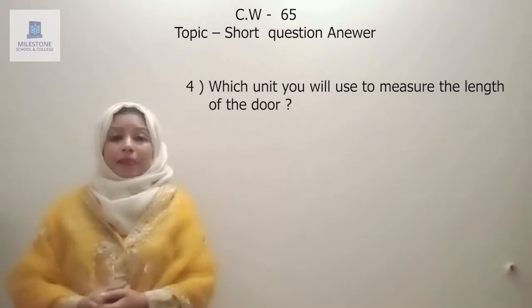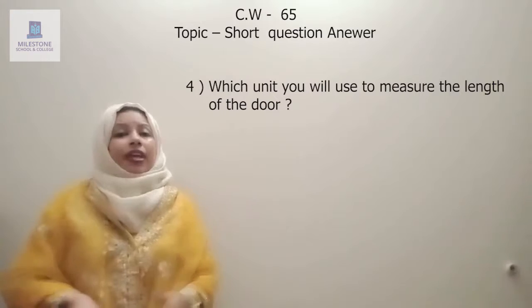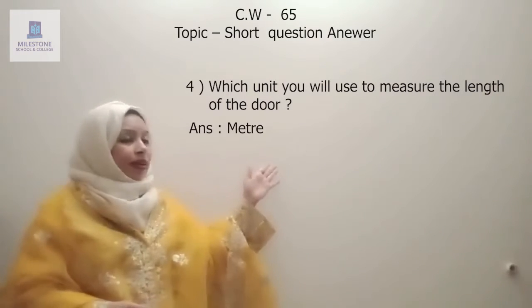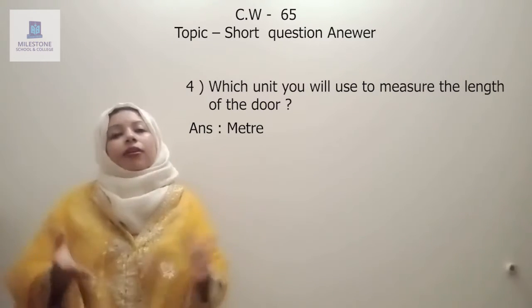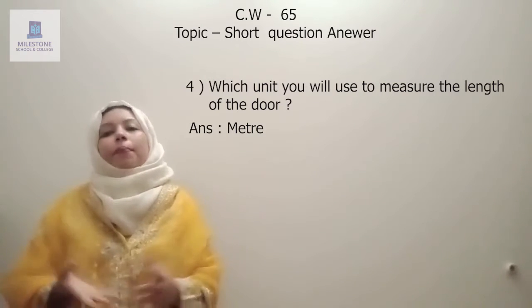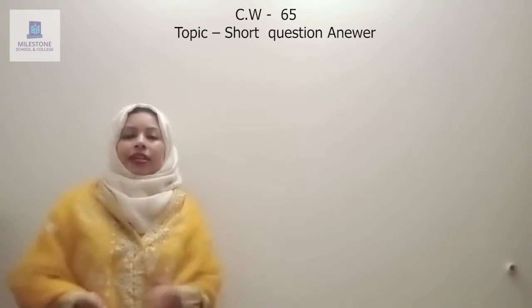So length measurement units are meter, centimeter, kilometer, decameter, so many units. So here our answer will be meter, because we always measure the door in meters. Okay. So write down this answer.